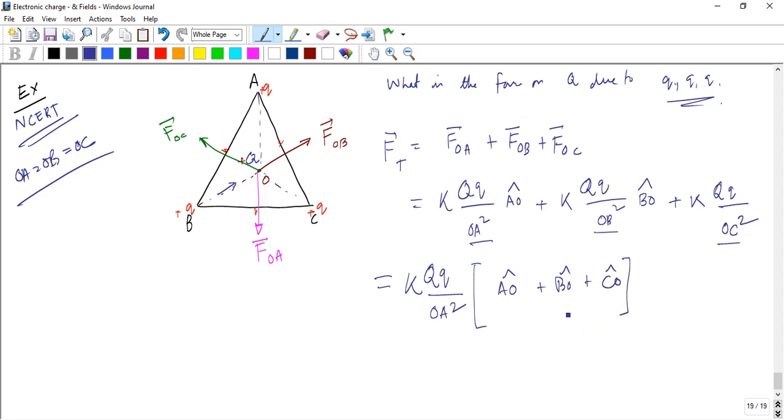Now the important thing is that they are all the same magnitude. So finally we need to calculate AO cap plus BO cap plus CO cap.